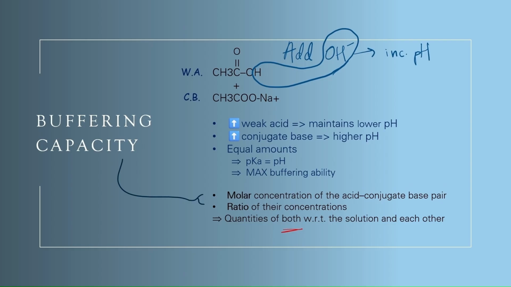So if you have more of both weak acid and conjugate base, you're going to be able to buffer more molecules or more moles of acid or base. Clearly, it's just a quantity, right? And the ratio of their concentrations, so as we discussed, the more acid, the lower the pH you can maintain, the more base, the higher the pH you can maintain.